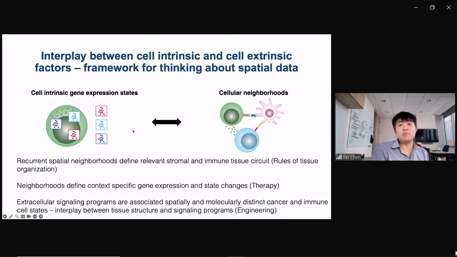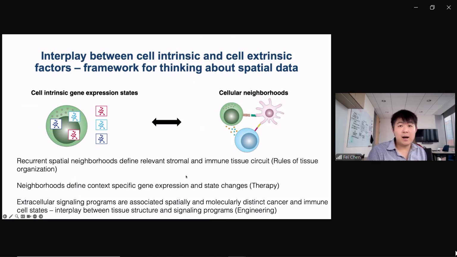And what's mediating this communication is extracellular signaling programs. Maybe instead of defining single gene receptor-ligand interactions, we can look at the recurrent set of programs that reoccur across many tissues. And so that might be more informative, just like how that's been more informative for us for gene expression.